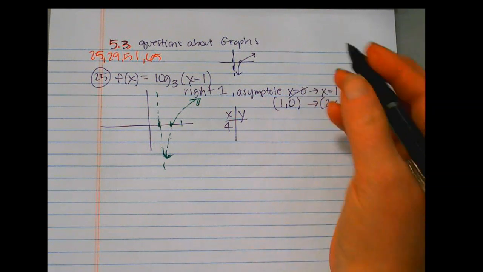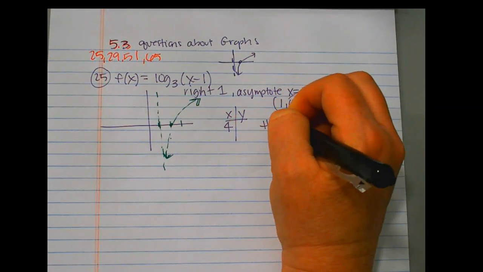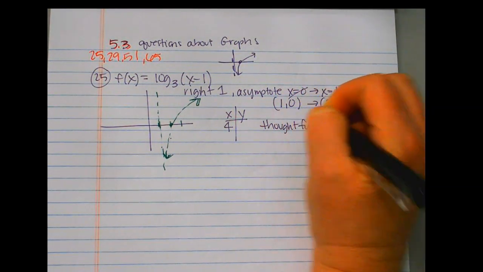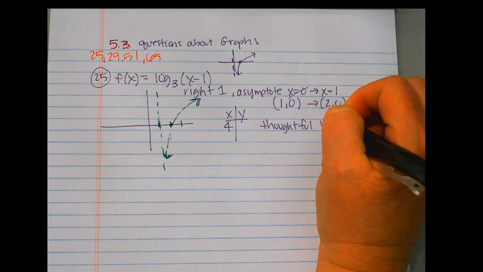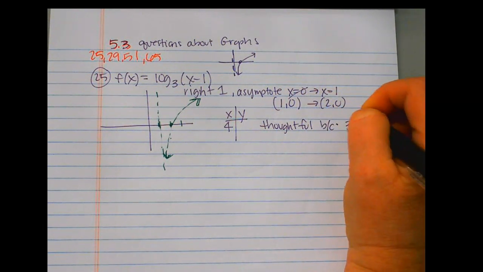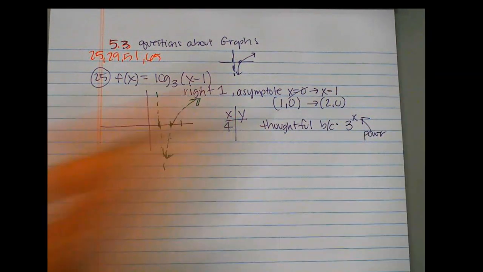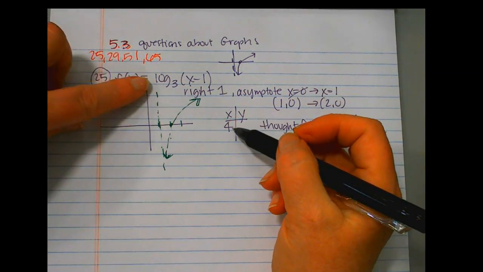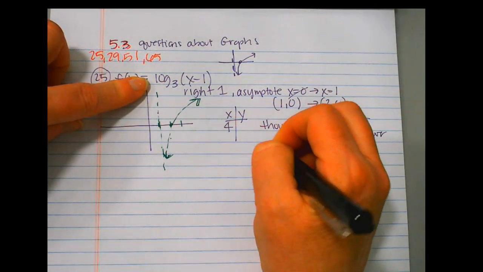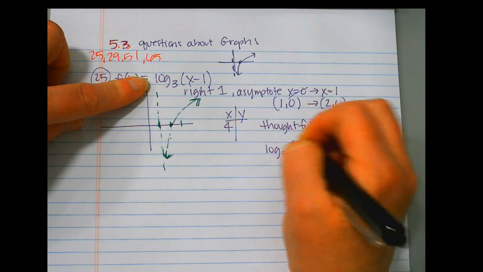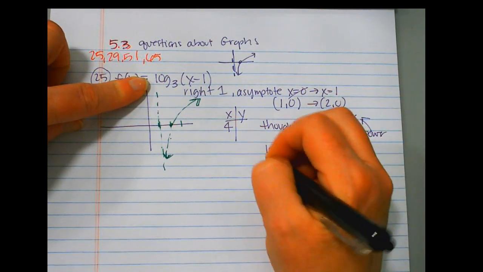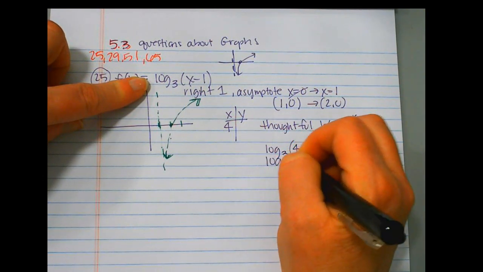So we have to be thoughtful about the x values because you want it to be like 3 to a power. You're trying to get a power here. All right, so what does that mean? If we try 4, we're going to have log base 3 of 4 minus 1, which is log base 3 of 3.